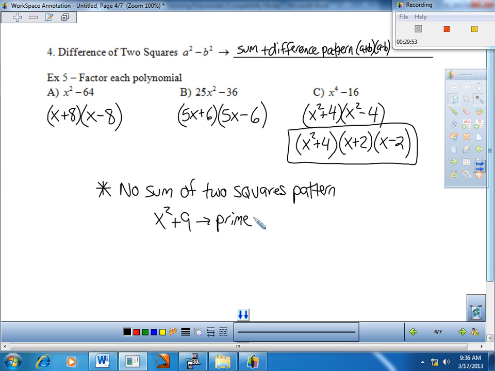I've seen students do it. Hey, wait a minute, what about this? But if you multiply it out, unfortunately, in the real number system, you're not going to be able to pull this off. And so as a result, you can't break it down. Again, I'll let you explore that in a little detail, see if you come up with something, and please let me know. But I will tell you, there is no sum of two squares pattern in the real number system.